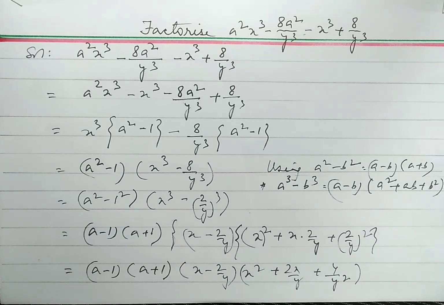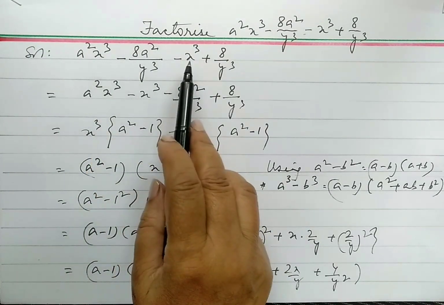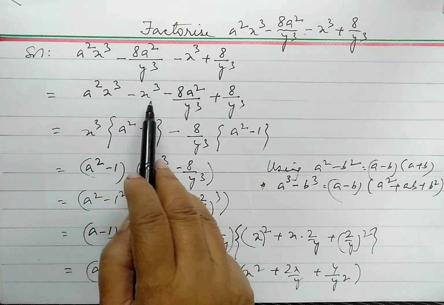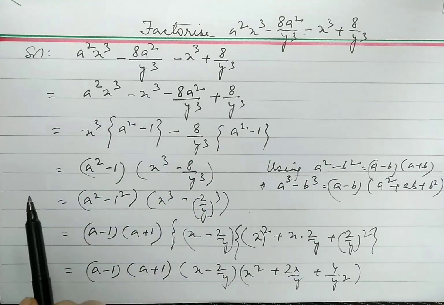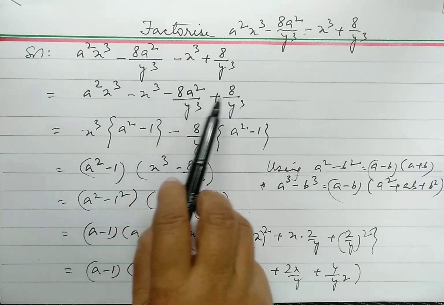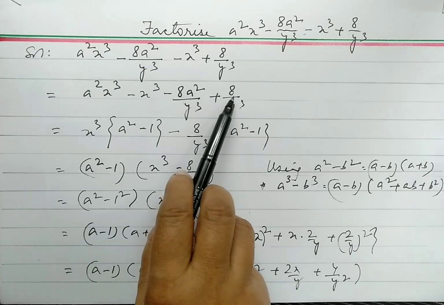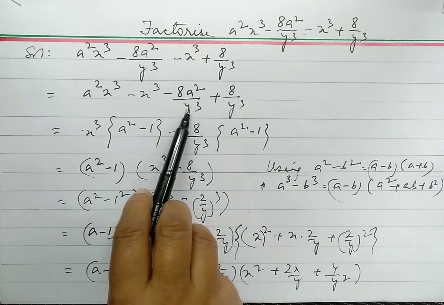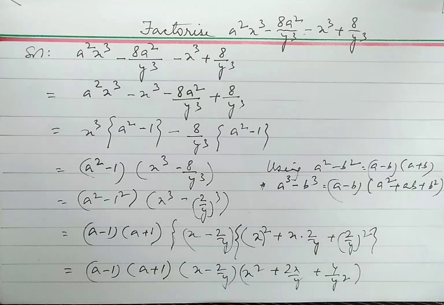So if I have to reinforce, definitely we need to blend first. If there is x cube sitting away, we pull that closer so that it is convenient to hold x cube as common between these two terms. Now we have 8 and 8 here, so 8 is common. A square is not here, so we leave that inside, and 1 upon y cube is common between both of them.